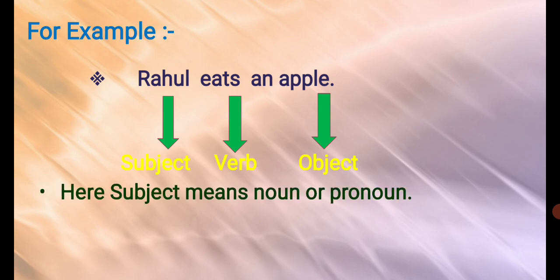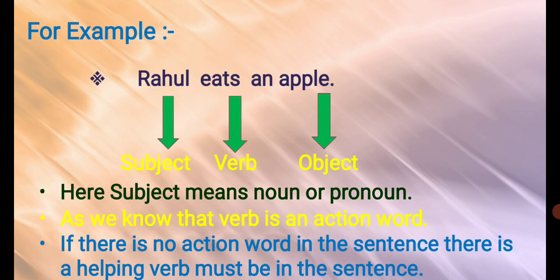Now we have understood that the subject means a noun or pronoun, which is the active part of the sentence. Then the verb is the action word, right? Just remember that if there is no action word in the sentence, a helping verb must be in the sentence. As we learnt about the verb, it is compulsory.